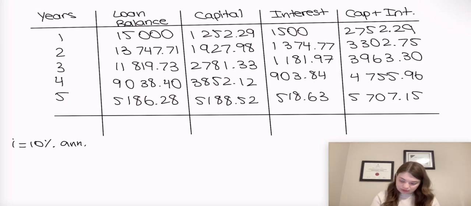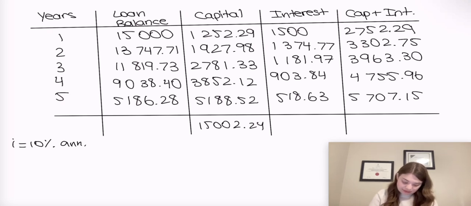So $1,252.29 plus $1,927.98 plus $2,781.33, I think, yep, plus $3,852.12 plus $5,188.52. Okay, yeah, so that's a little bit over. That's $15,002.24.